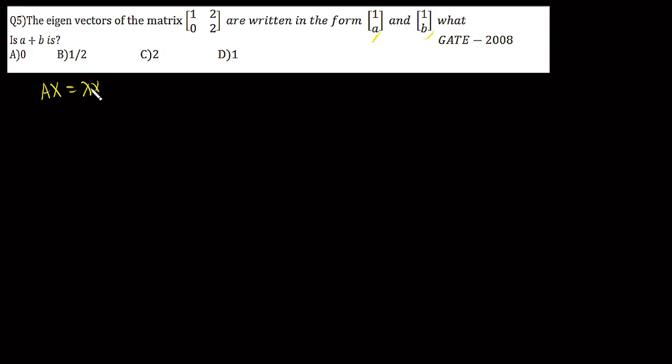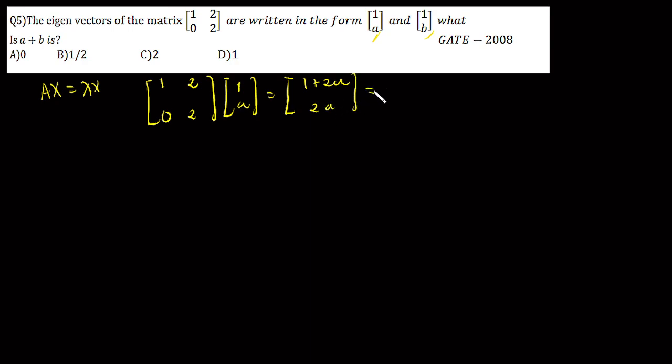The matrix is given and x is also given, but here we have unknown A. So let's try to find the value of A first. Let's write the matrix as it is and multiply it with the first vector, which is 1 comma A. Let's do the multiplication. Here I am getting 1 plus 2A, and here 2A.